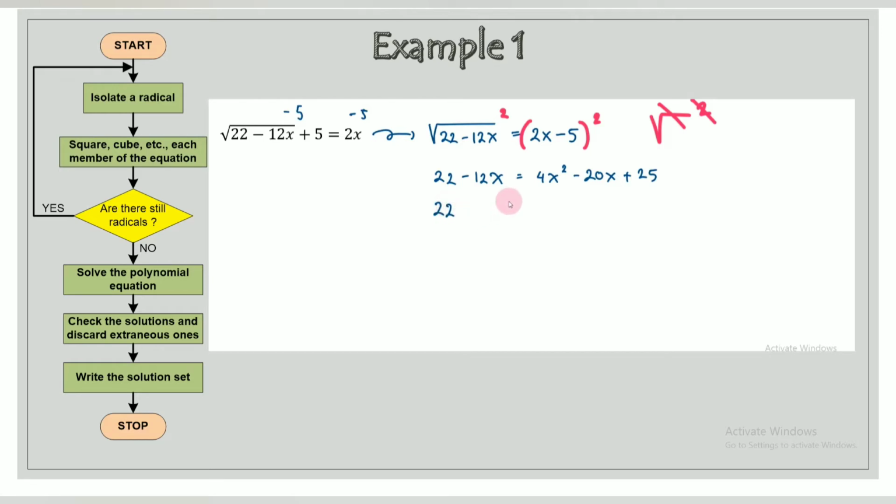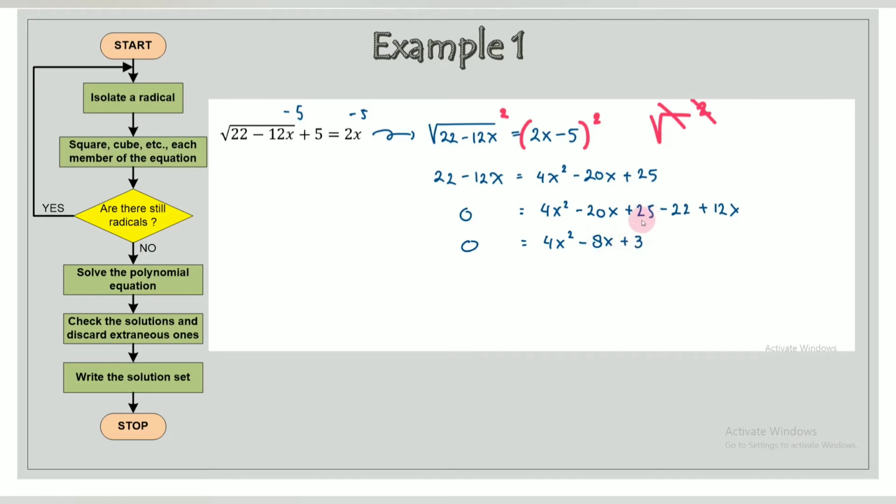Solve the polynomial equation, because we have a quadratic here. Of course, the best move is to make one side into 0. So I put all of the terms on the right. By this one I minus 22 and plus 12x. So 0 equals 4x squared minus 8x plus 3.